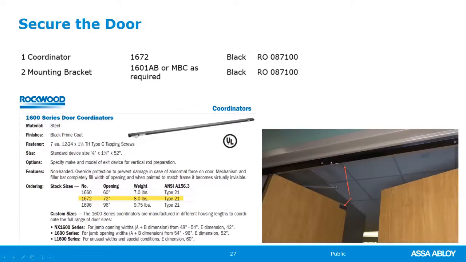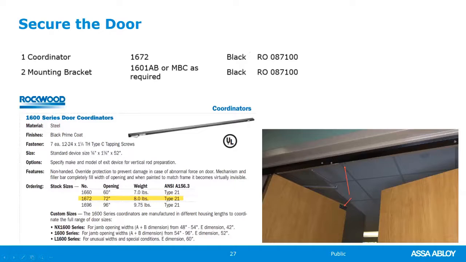The 1672 is for a 72-inch wide opening, but when you're detailing this, you do have to be very specific about how wide the active leaf is so that the filler bar and the spacing of where this is are appropriate. So even though it's a 72-inch wide opening, unequal leaf does affect your coordinator.